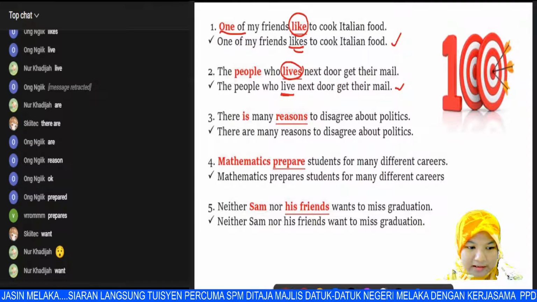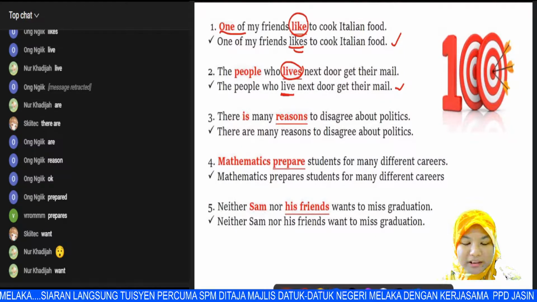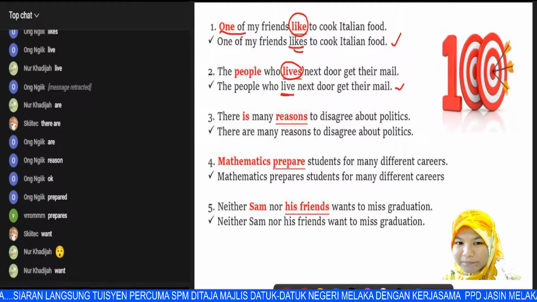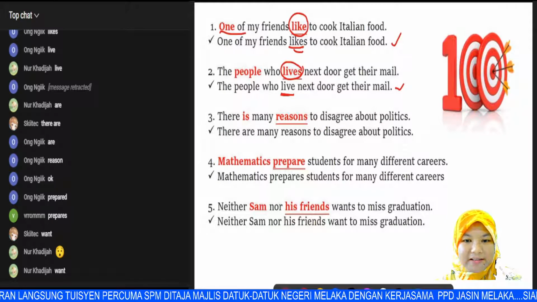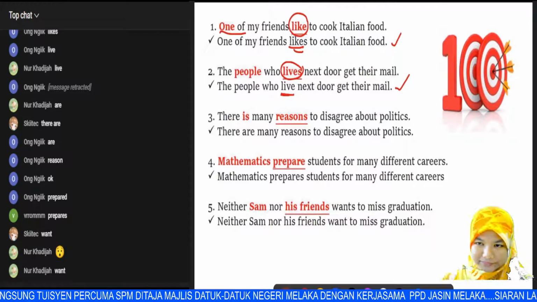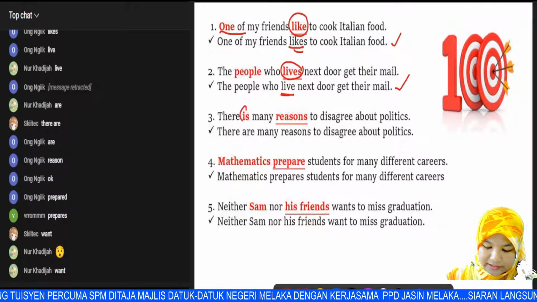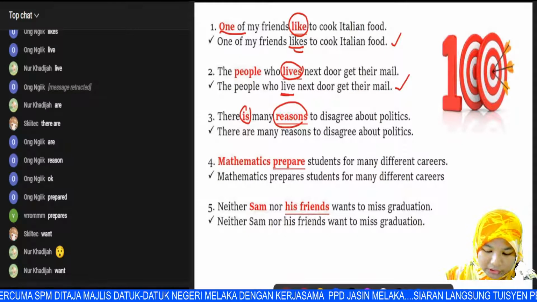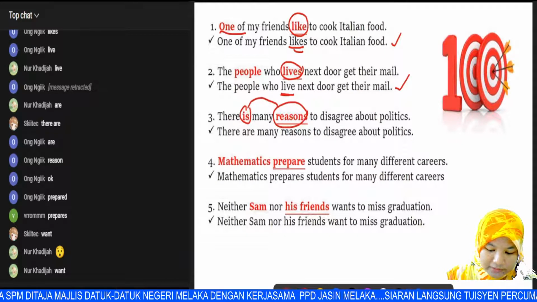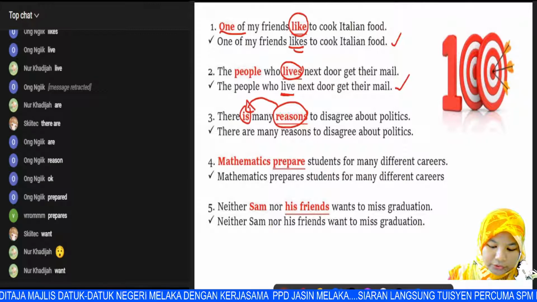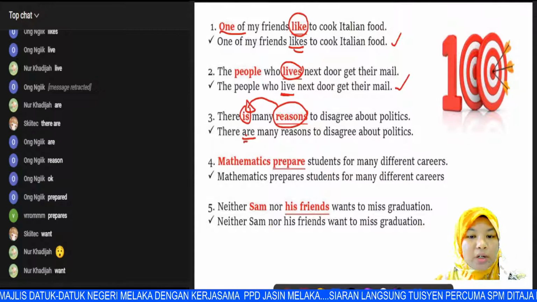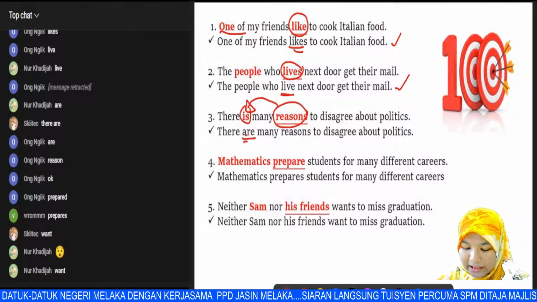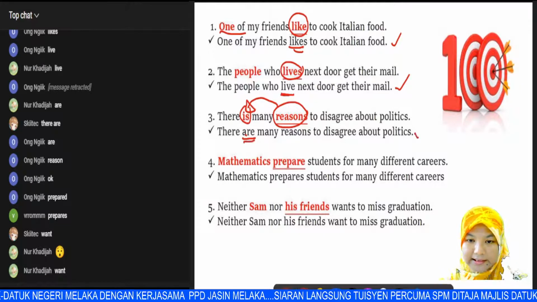Yes, Khadijah. Number 5, wants. Okay, good. And number 3. There is many reason. Is and reason did not complement. Reason should actually influence this one. So is, we change it into are, and thus making the sentence correct.